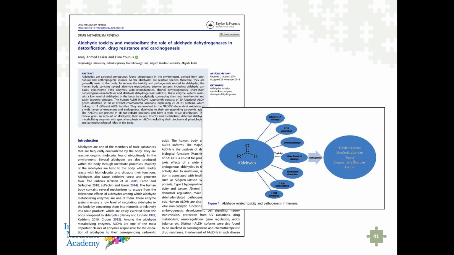This was a paper from a few years back that looked at aldehyde toxicity in general, whether it comes from alcohol, drugs, for example, or internal production. The basic idea is that many of these aldehydes, if not metabolized appropriately, can cause DNA and RNA damage, and could generate reactive oxygen species, which we already know can cause lipid peroxidation.